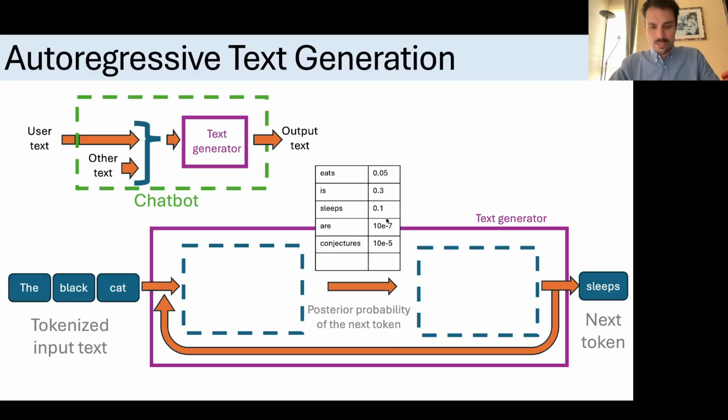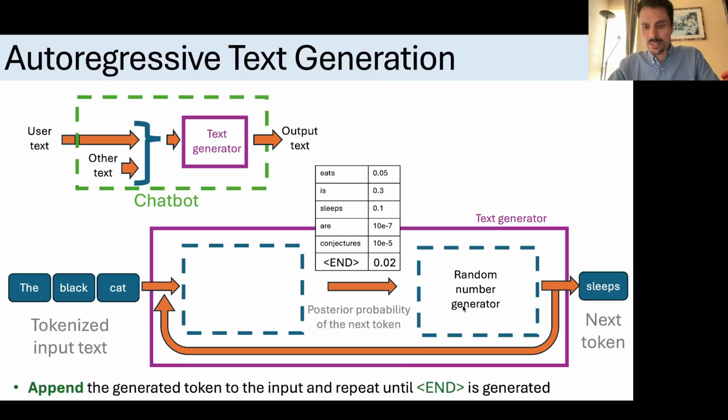Then a random number generator chooses one of the tokens according to these probabilities. And that will give us the next token. So this is, as I said, repeated many times.